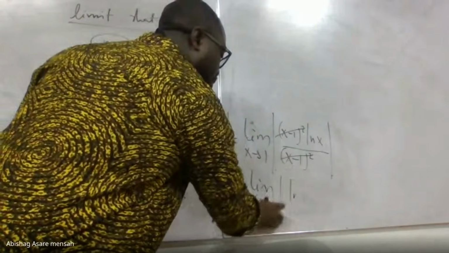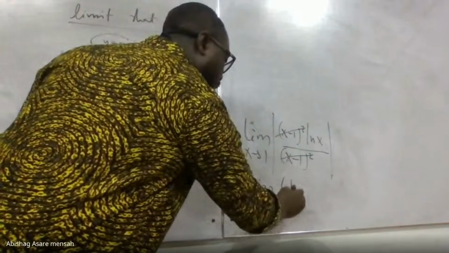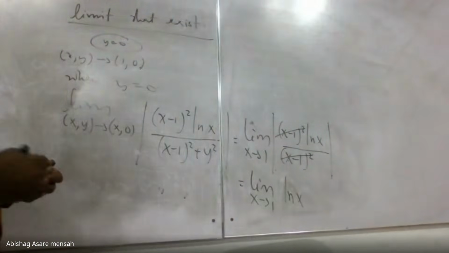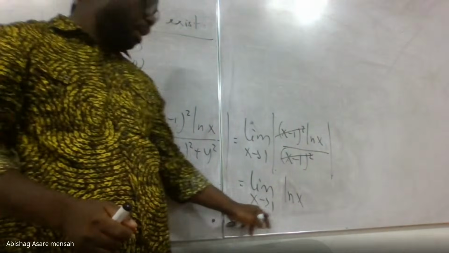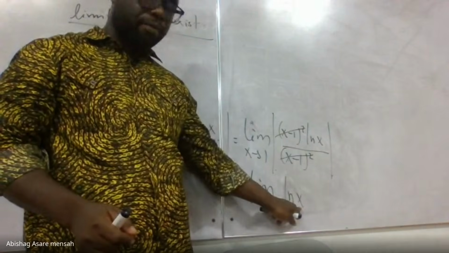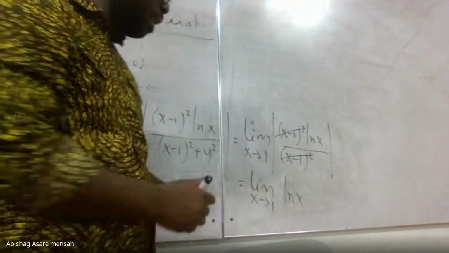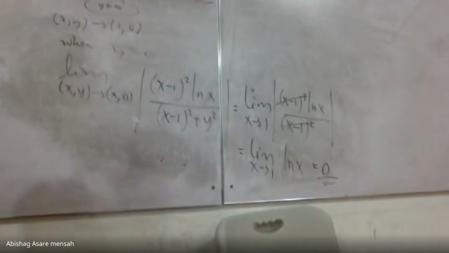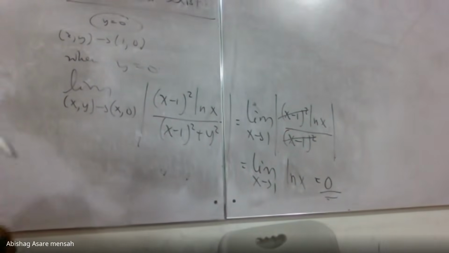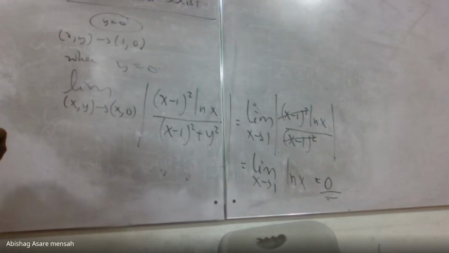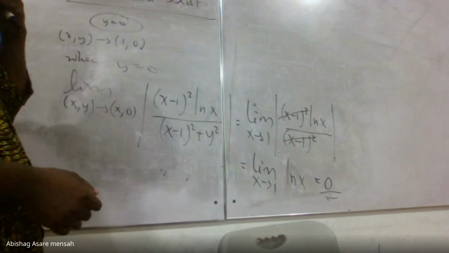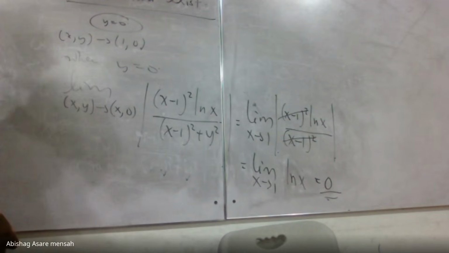This time will be the what? Half the right is ln x. If we put 1 here, that will be log 1. And we know that log 1 is also 0. So that one also will be 0. So when we set x equals to 1, also starting with y equals to 0, we all have the same thing, 0.